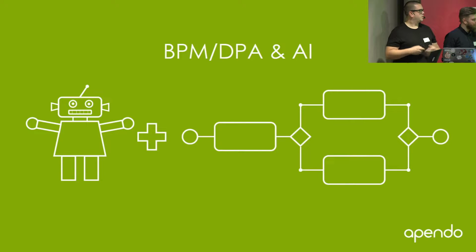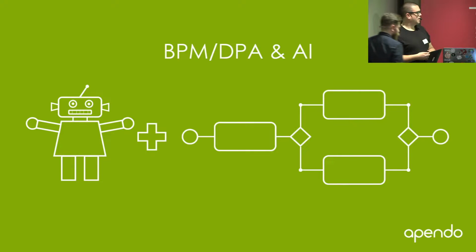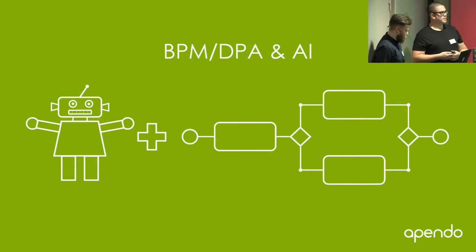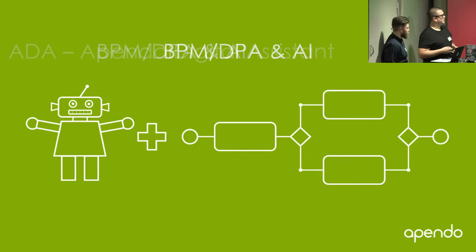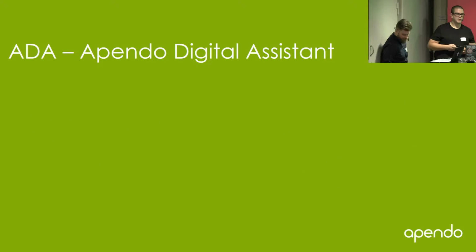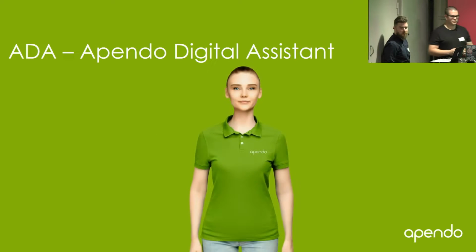So we started using AI services to enhance the workflow and prepare, to let the agents get help to make the decisions. And the collection of AI services has ended up in our digital assistant Ada, and she looks like this.